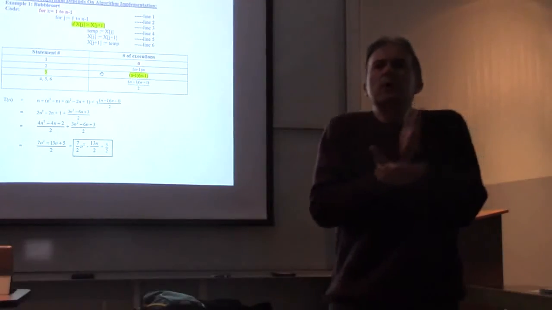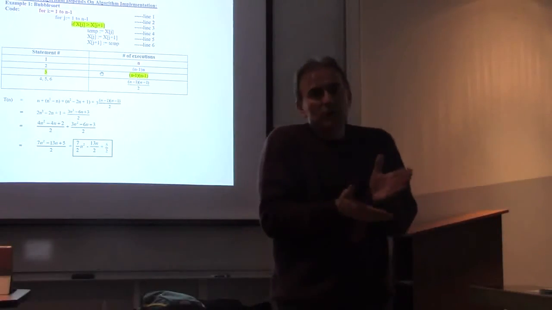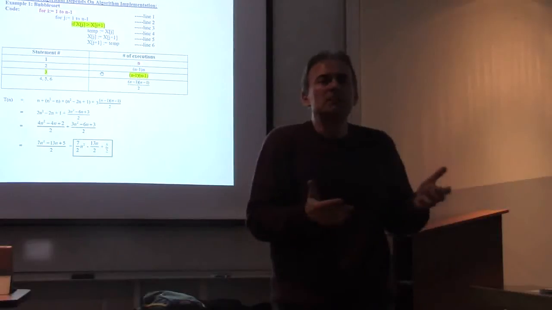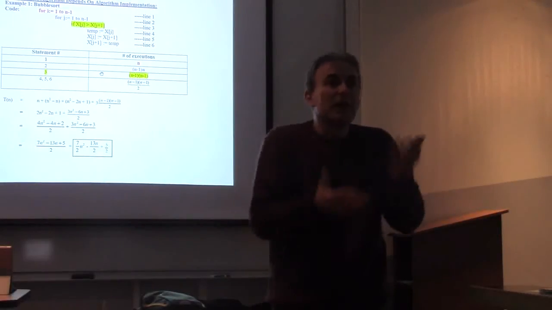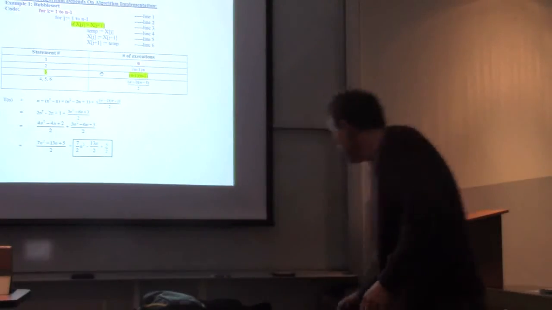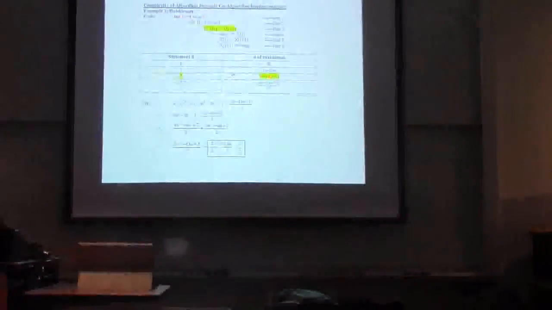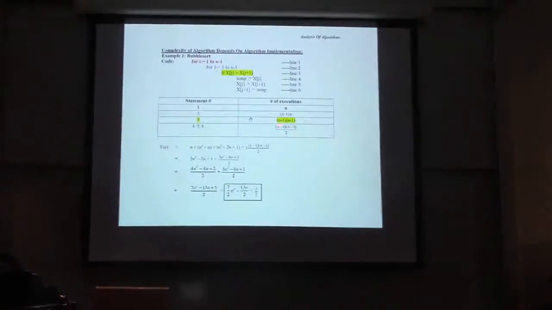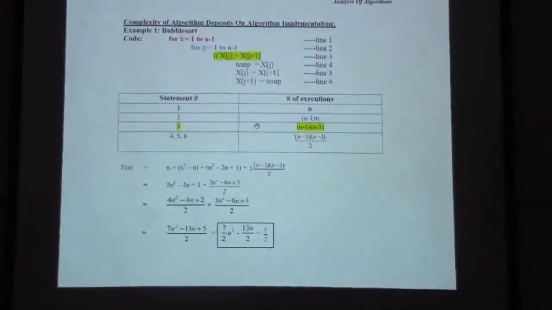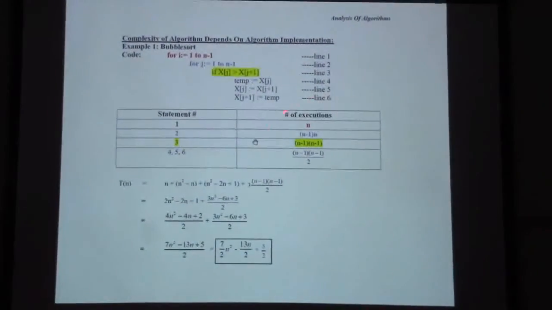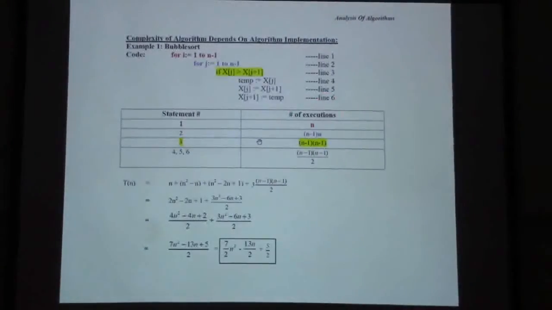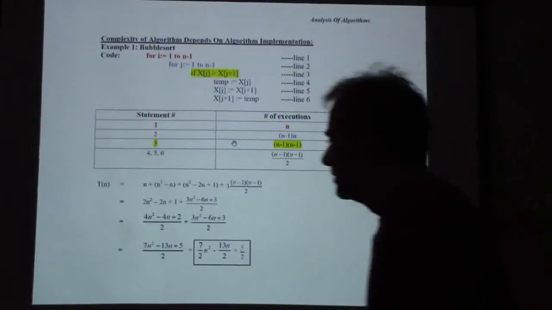So if you add up 1 plus 2 plus 3 plus 4 plus 5 all the way up to n minus 1, and you divide by the number of elements, you get approximately n over 2. So for that reason, I'm putting here that this is going to be true approximately n minus 1, same as this one, except half the time.